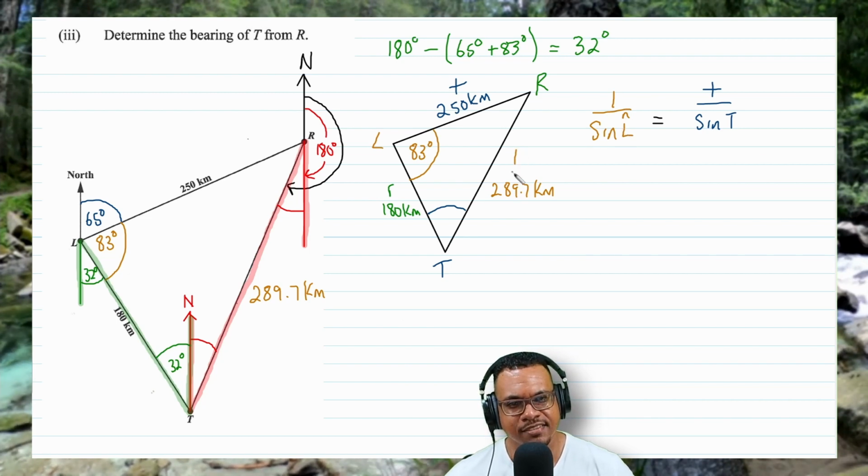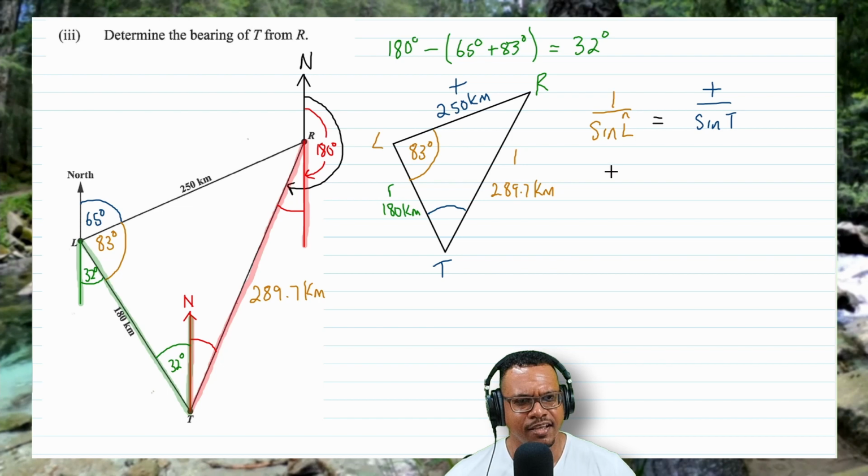I know what common L is, that's just 289.7, and I know what capital L is, which is 83. Seeing that I want to find capital T, that's my only unknown, and I know what is side T. So this capital T is the only unknown. So that's why this works.